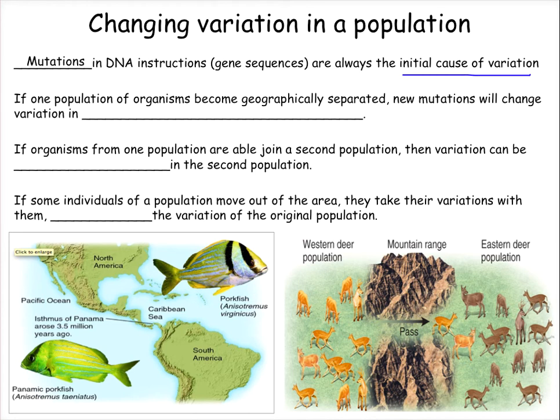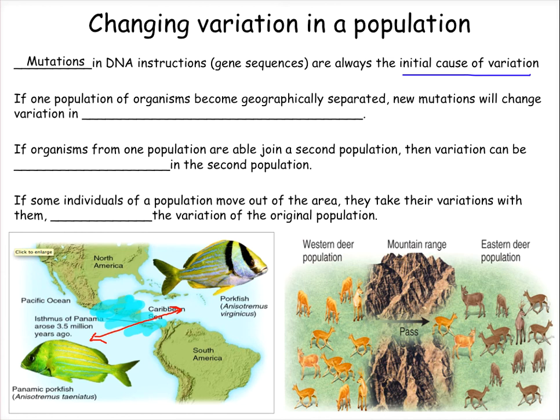In times when sea levels are high, this isthmus that connects the two continents here would actually be covered over. So that would mean that any population of fish that lived in this area could actually swim back and forth to either of these oceans. They were one connected area, and so therefore the fish population would have been a continuous population.